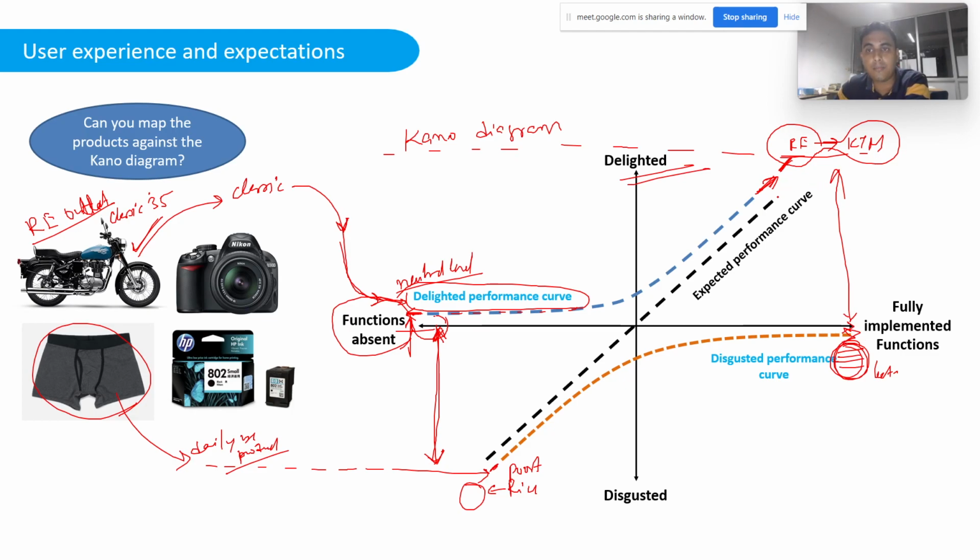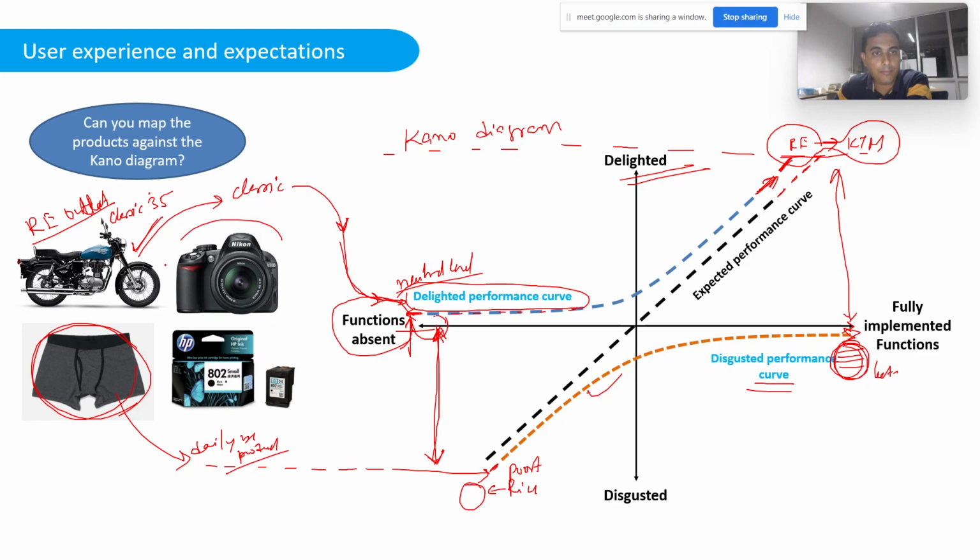You'll not get delighted, because it's a product you use often in your daily life, and you'll always forget the experience you get. So these kinds of products follow this particular orange curve, which is the disgusted performance curve.